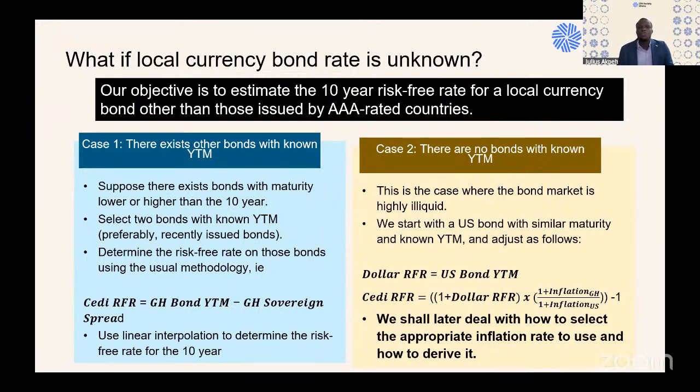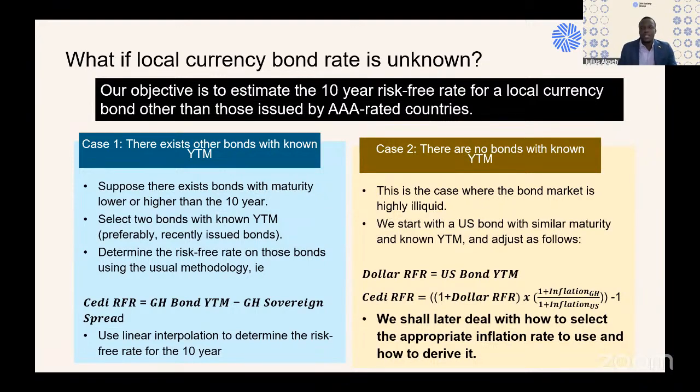So if you want to know what inflation the US economy is pricing into the 10-year bond, it is the difference between the nominal bond yield and the Treasury inflation protected bond yield. That difference is the inflation expectation, and that's the inflation we are looking for, not necessarily the consumer price index.